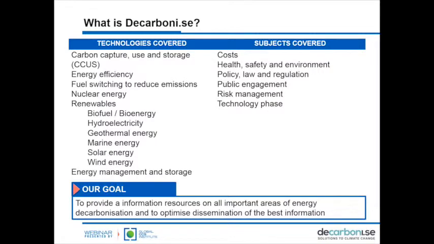This map of key technologies directly maps to what the International Energy Agency says are the keys to decarbonizing the energy sector. So you'll find information on energy efficiency, fuel switching, nuclear, a number of renewable technologies, and energy management and storage. And within that overall technology concept, you'll find things like costs information, health, safety, and the environment, policy, law, regulation, public engagement, technology, and risk management.